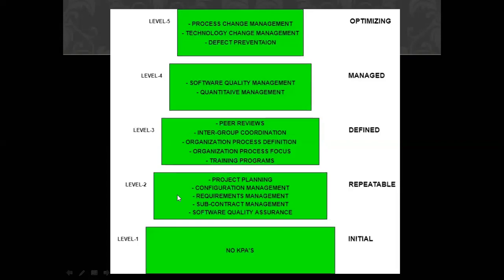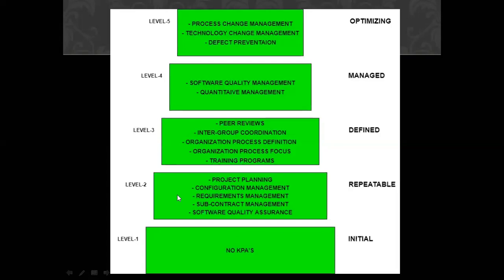So it is a well-defined set of specific software engineering and management processes, that is the defined level, where we are defining a complete process, how things will happen. We are defining a team and what roles we have to assign to them, and that's why the key process areas are related to those ones only.